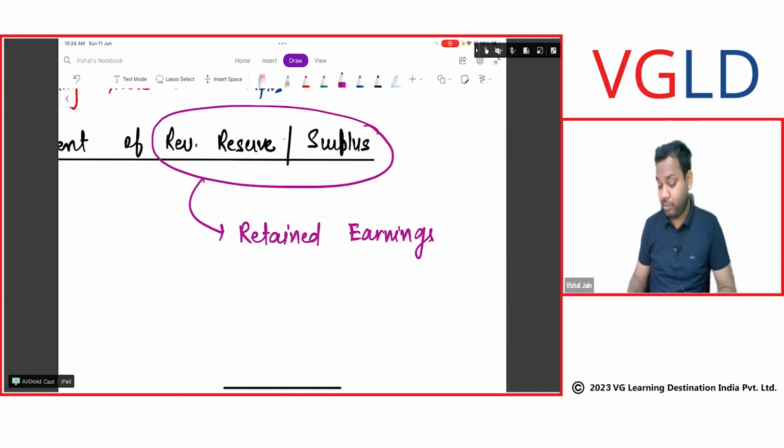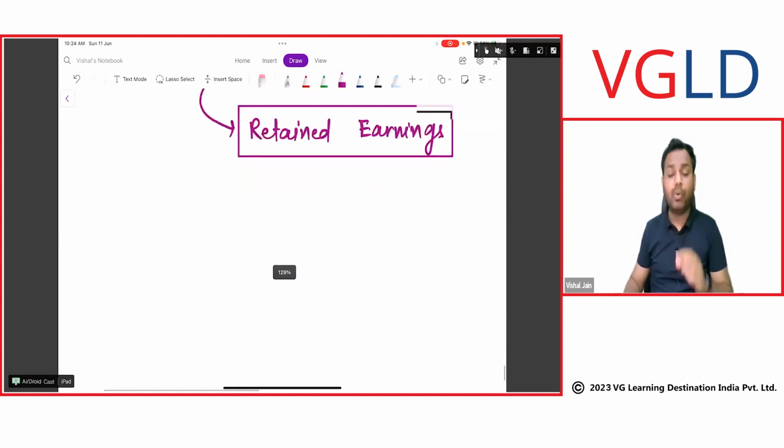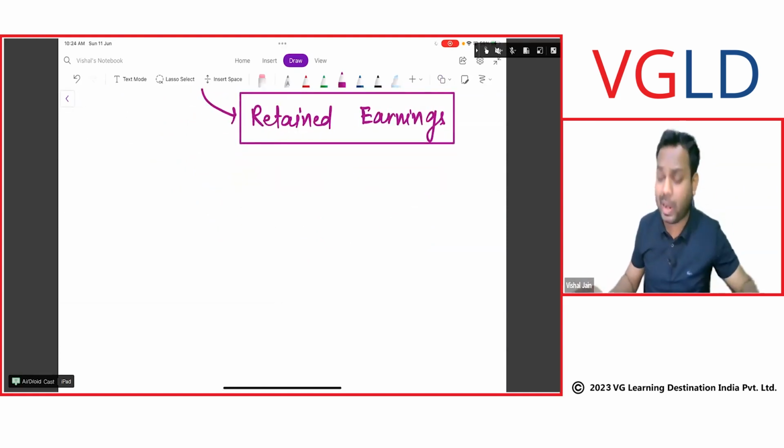Okay, now. The revaluation reserve will be transferred to retained earnings. But there are two approaches to transfer, and both are allowed.